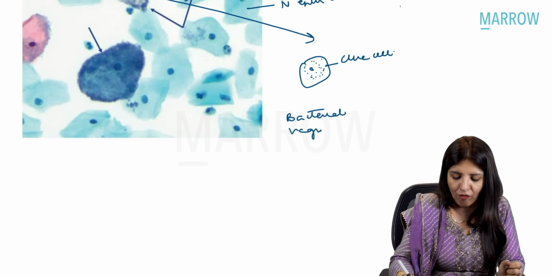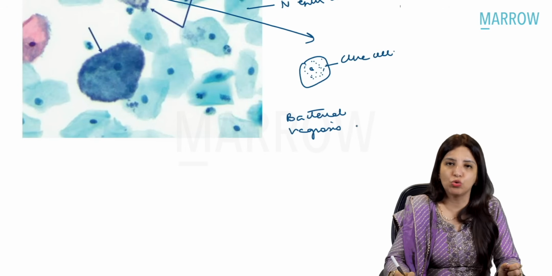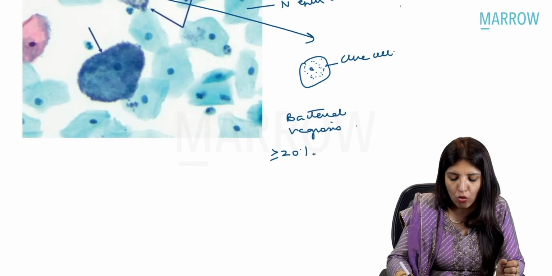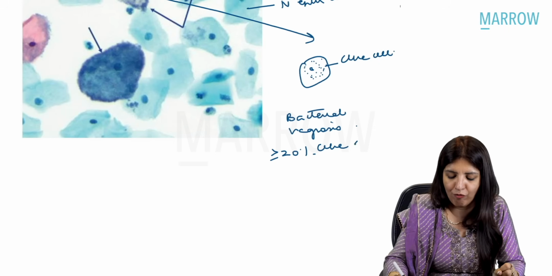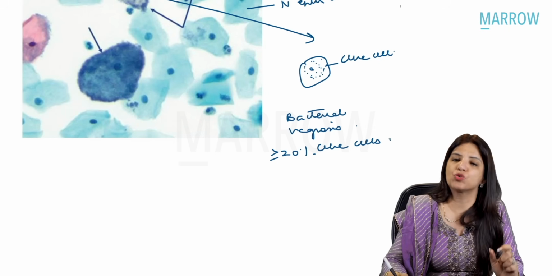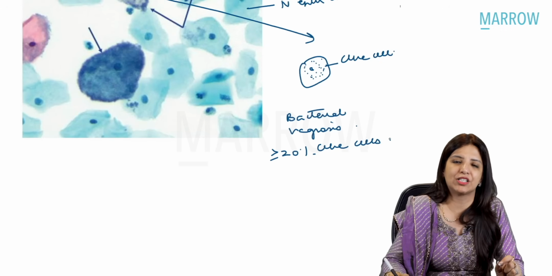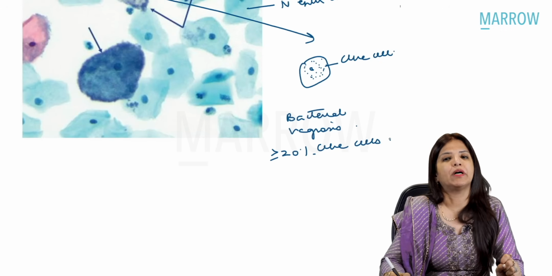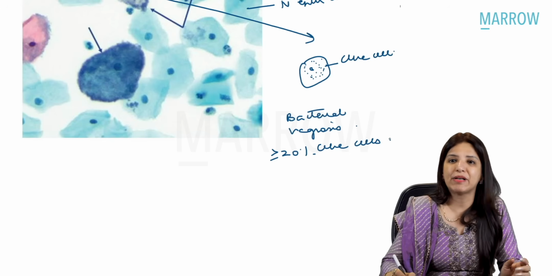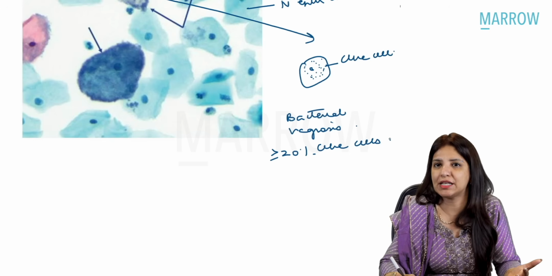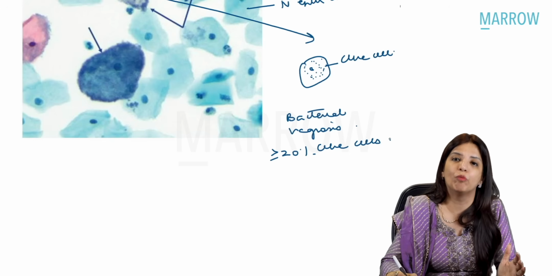So in case of bacterial vaginosis, you get clue cells, and clue cells should be more than 20%. Very, very characteristic feature of bacterial vaginosis. Please remember, in bacterial vaginosis, there is no inflammation, but the Doderlein bacilli are replaced by other bacteria like Gardnerella and Mobiluncus.